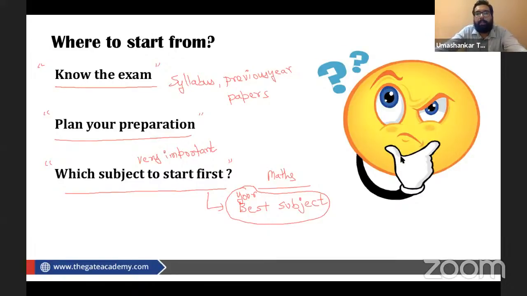As you said, sir, we have decided for the GATE examination. So we must be able to continue it only if we are able to maintain it.